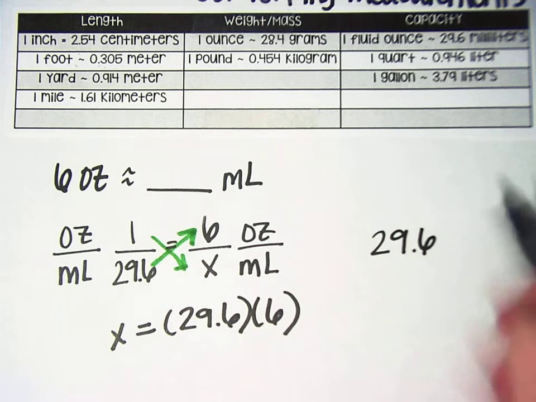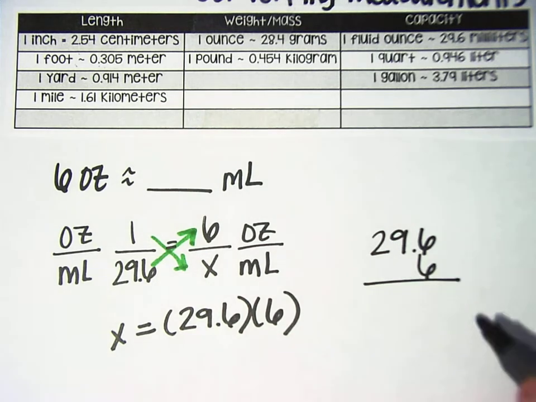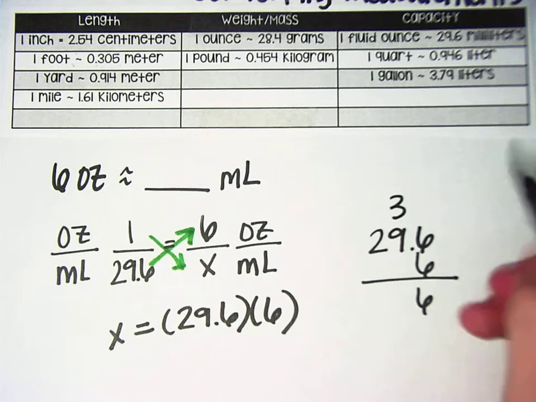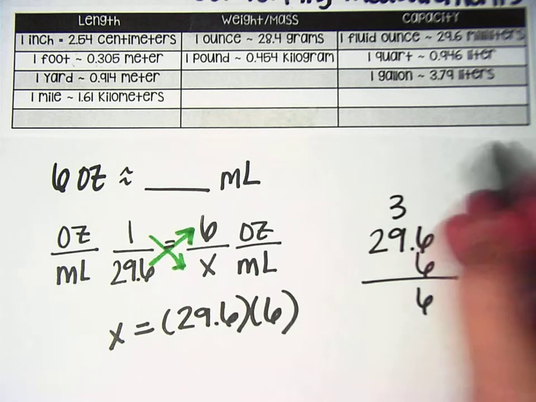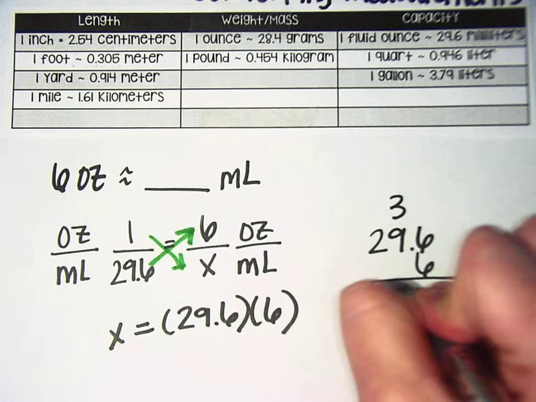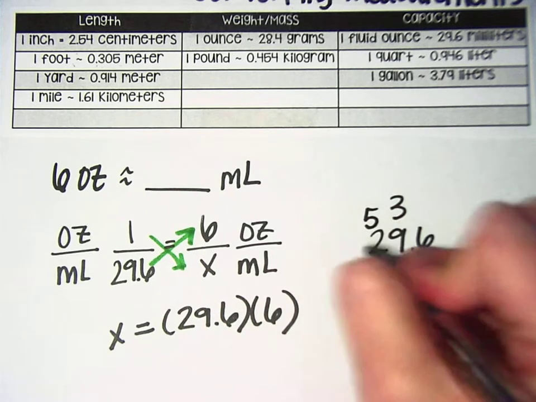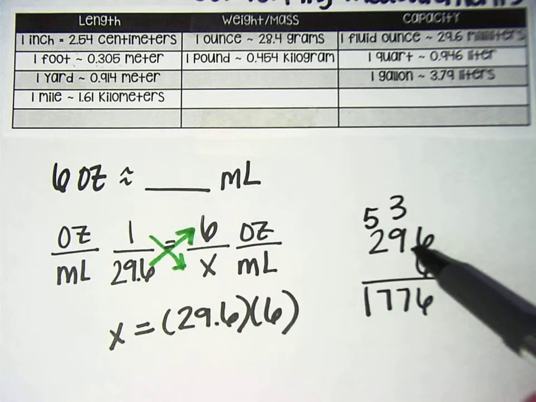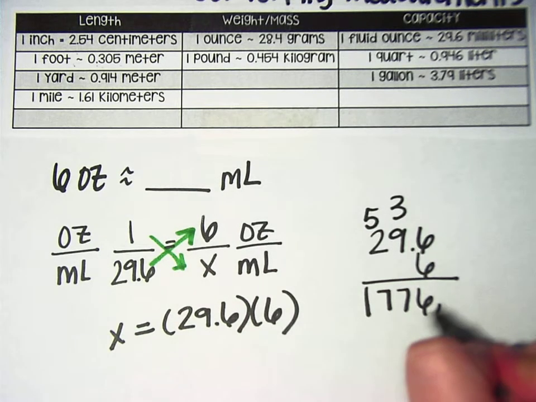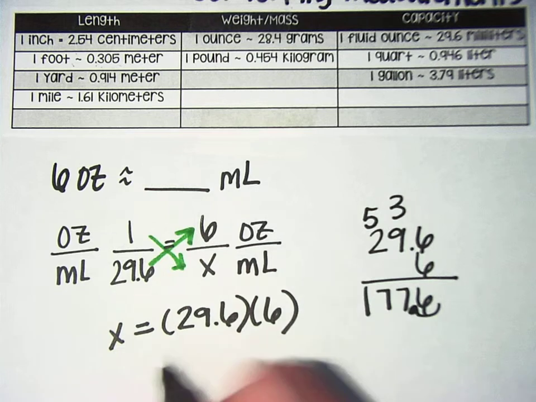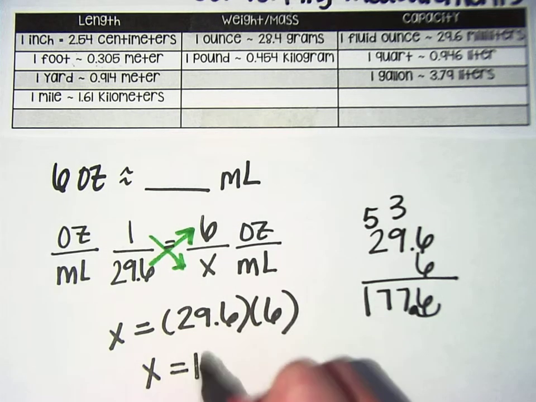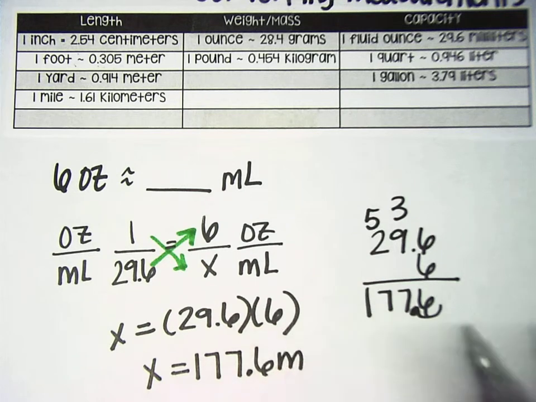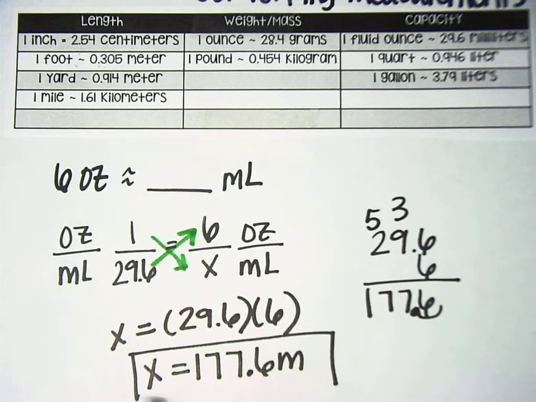So 29.6 times 6. 6 times 6 is 36. 6 times 9 is 54 plus 3 is 57. 6 times 2 is 12 plus 5 is 17. Now we're going to look at our decimal. We've got one number behind the decimal, so we're going to move this over once. And now we've got X equals 177.6 milliliters. And this is how your answer should look as well.